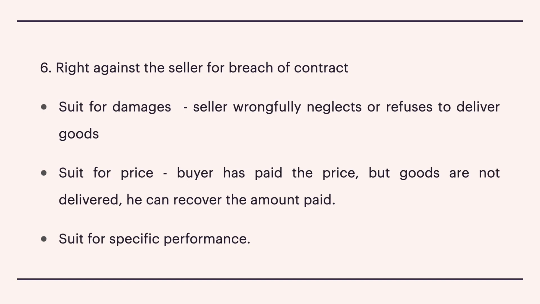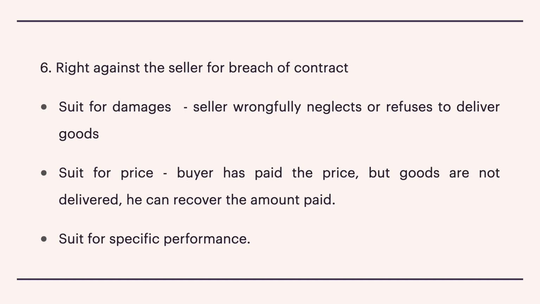Seller wrongfully neglects or refuses to deliver the goods to the buyer. So the seller basically does not take enough precautions or care about the type of goods that the buyer has asked for in the first case, and accordingly pack the goods and send it. So he was negligent in checking the goods. So he has given the wrong goods, or goods which have not been ordered have been sent across to the buyer.